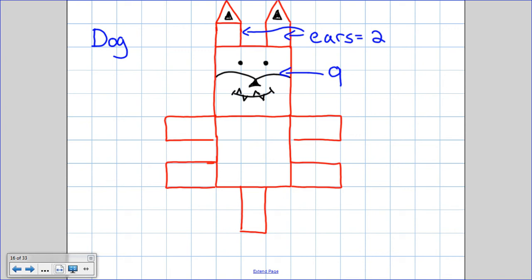He's got 4 legs, and they each have 2 squares. So the 4 legs is 4 times 2, that's 8 squares. There's a tail, that's equal to 2 squares.